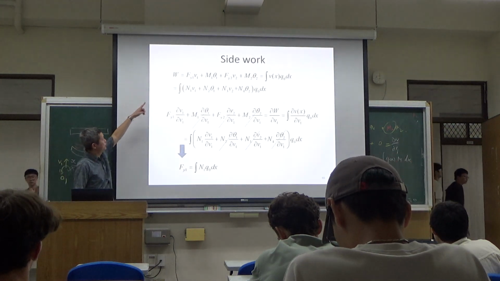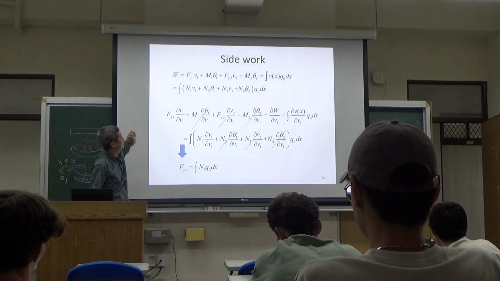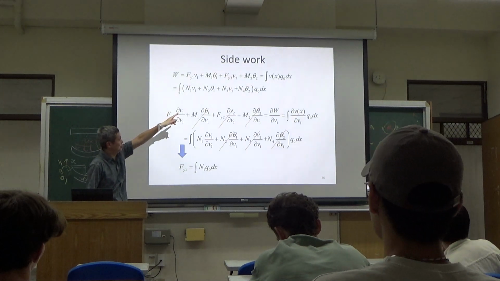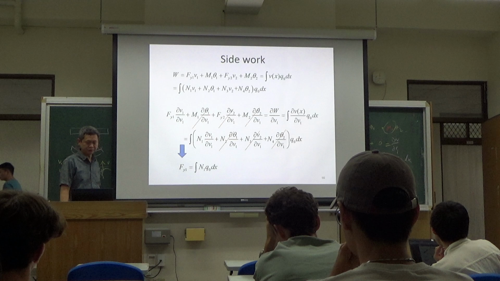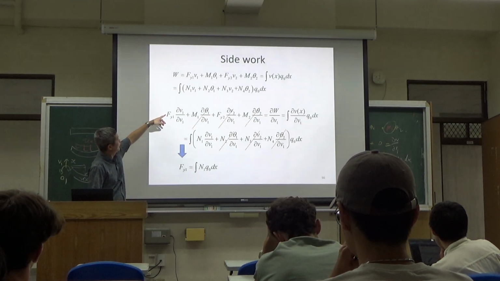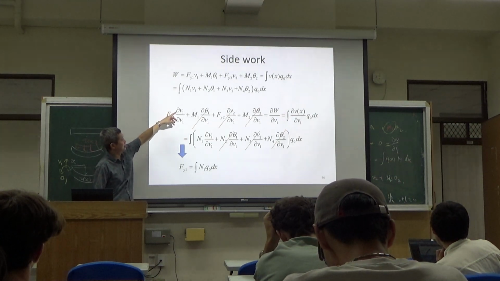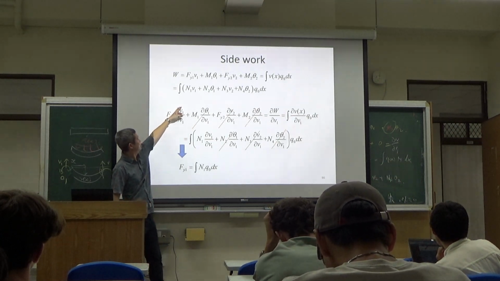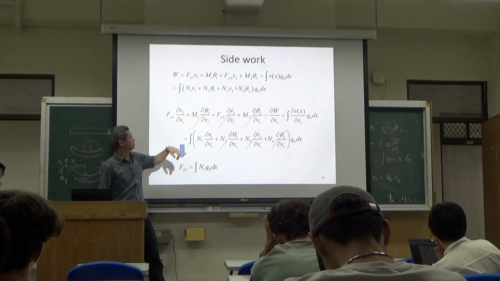Okay, so you see, W is the work done by the equivalent force, and it is equal to the work done by the distributed force. The displacement of the span is N1 V1 plus N2 beta 1 plus N3 V2 plus N4 beta 2.